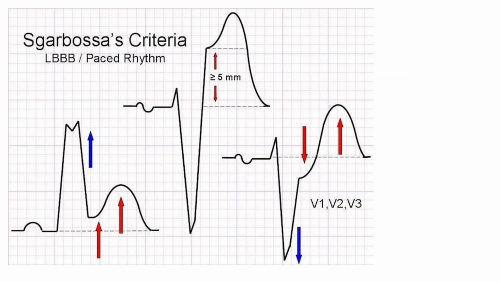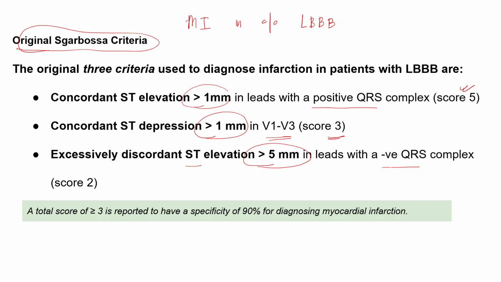So if you see the criteria here, if there is a concordant ST elevation of more than 1 mm, the score is 5. Whichever leads have a positive QRS complex, only those leads can show a concordant ST elevation. If those leads are showing ST elevation, that is known as concordant ST elevation, and you have to give score 5.